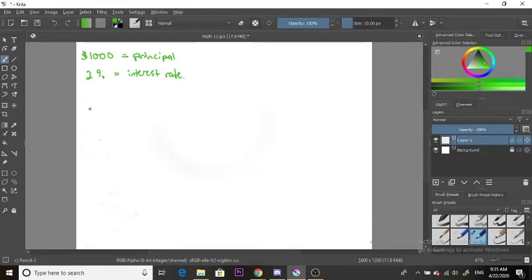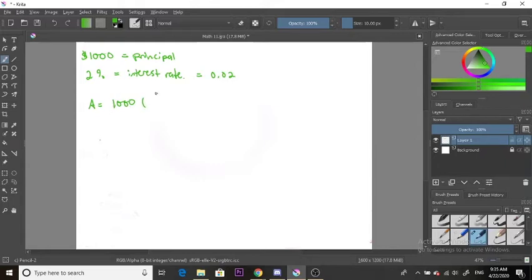So to find out what our total amount is, let's say that our amount will be equal to 1,000. And to find our total amount, we actually have to convert this percent into a decimal. So when we divide that by 100, we would actually get 0.02.